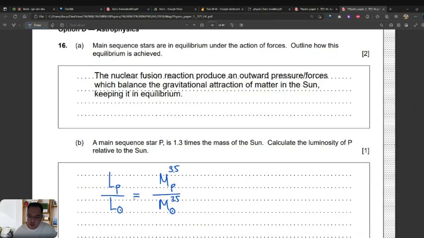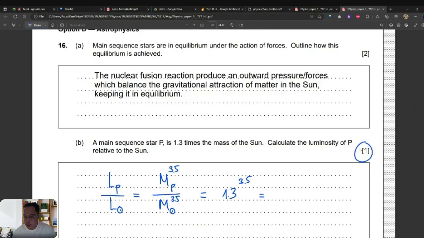We need to calculate the luminosity of P relative to the sun, meaning we need to calculate the ratio, not the specific value of the luminosity, but this ratio. It simply means 1.3, the ratio of the masses, to the power 3.5.